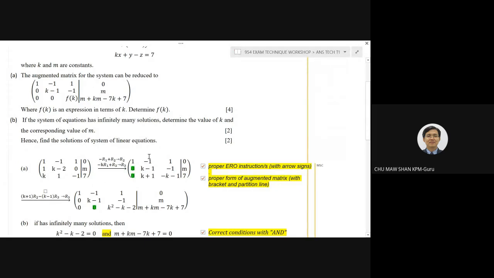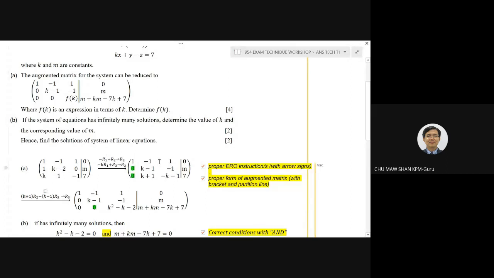Okay, perform the correct ERO here with the correct notation. Tak ada lain seperti in the beginning I already mentioned, when you want to describe your operation, you must use this type of notation.